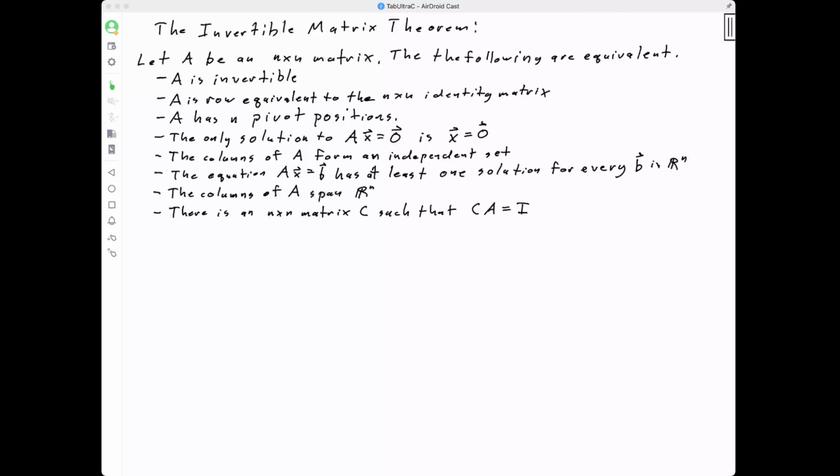This should be obvious that this is the same as saying that A is invertible, because C in this case would be A inverse. Similarly, if you can show that there is an n by n matrix D such that A times D is equal to the identity, then D would be the inverse matrix of A, so A would be invertible.